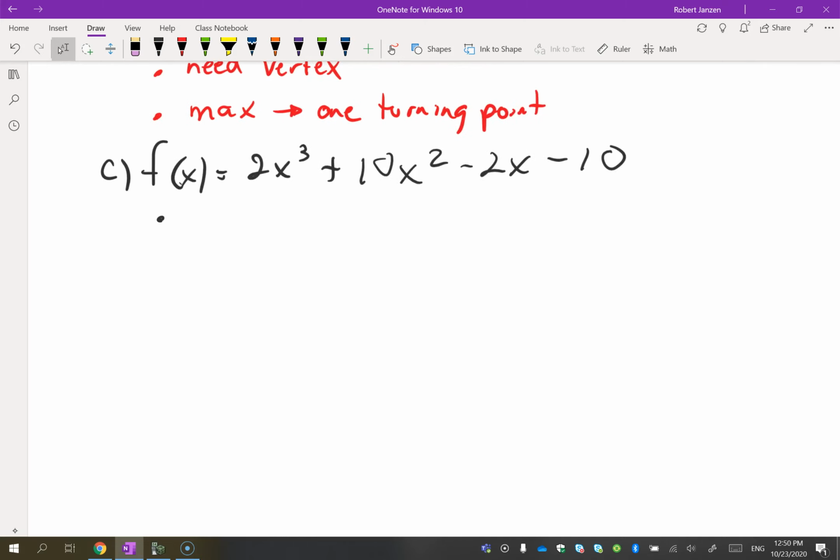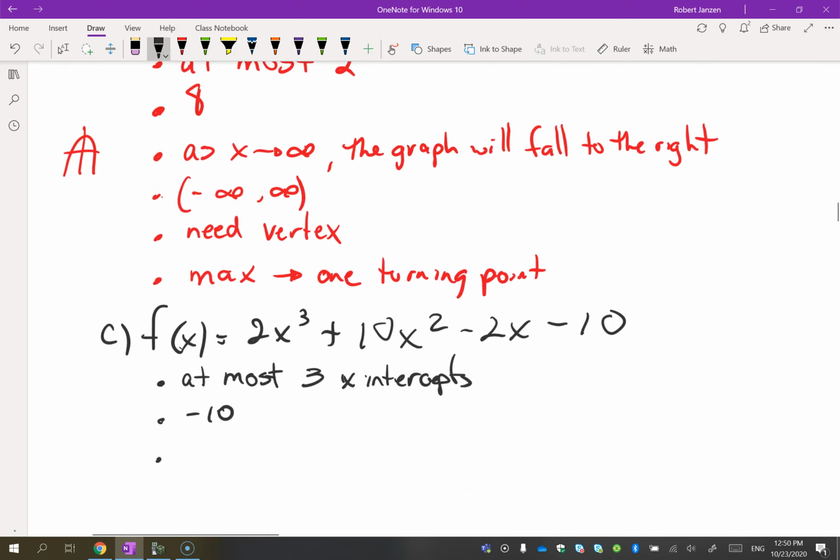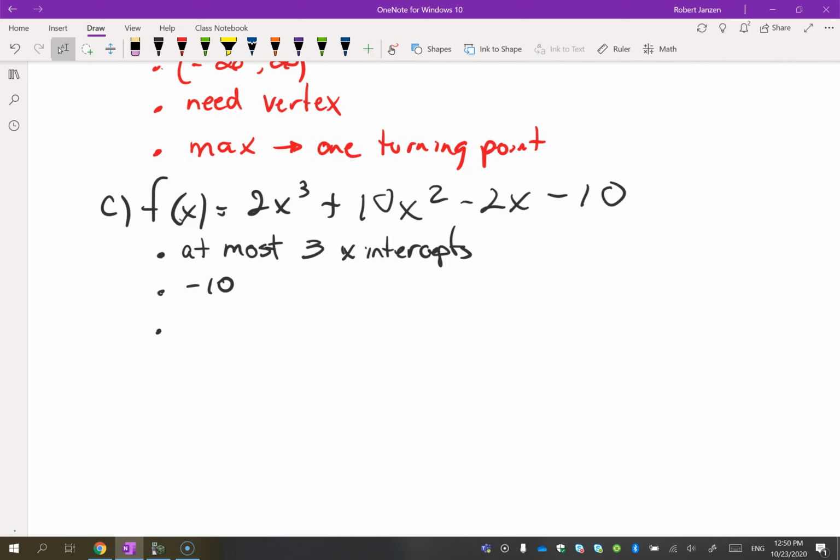Okay, first of all, it will have at most 3 X-intercepts. It will have a Y-intercept of negative 10. That's the constant. Okay. What's the end behavior?